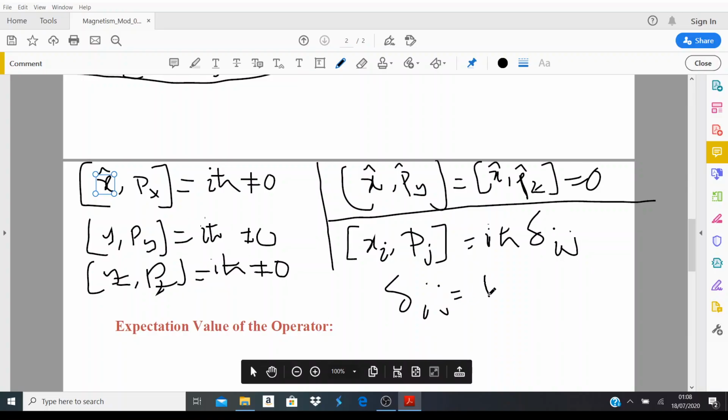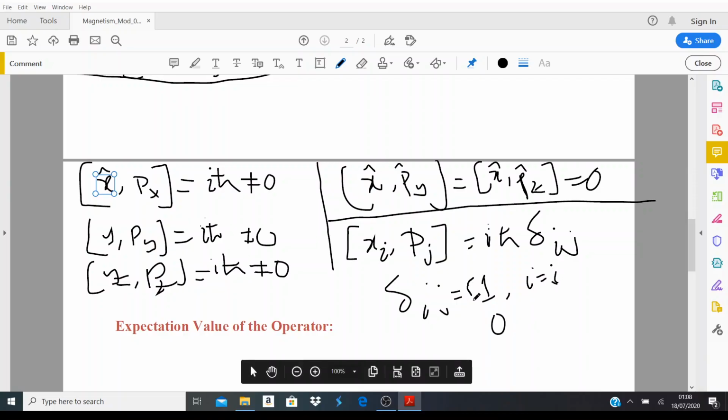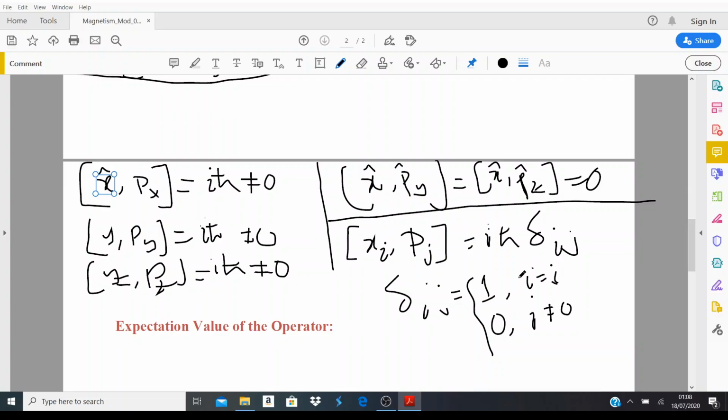If the indices are different, it is 0. But if the indices are the same, it is 1, right? So meaning, if the pairs are not the same, like x p_y, if they are not canonical pairs, we will get 0. And if they're canonical, then we will get iħ, right? Makes sense. This is like the summary of the commutation. That's all you need to know.